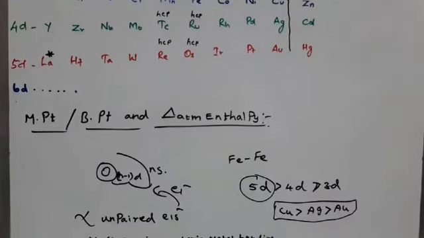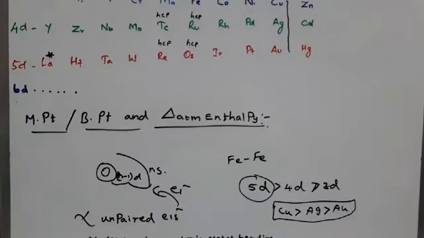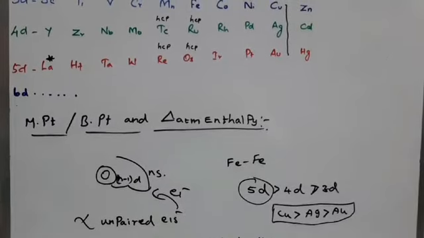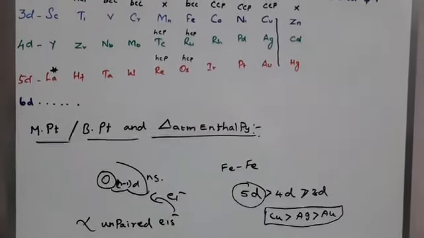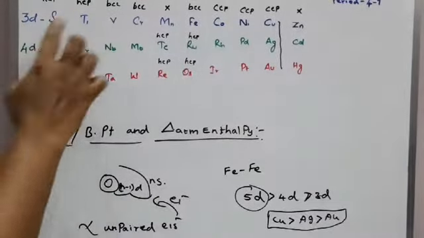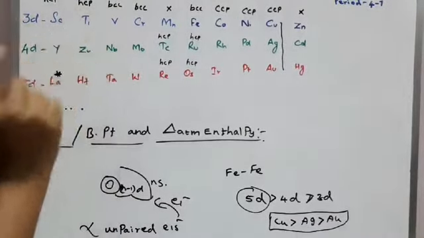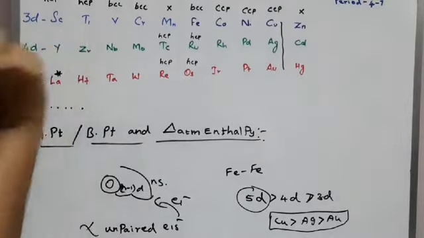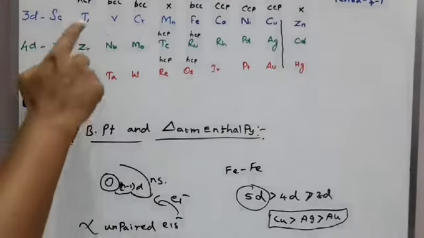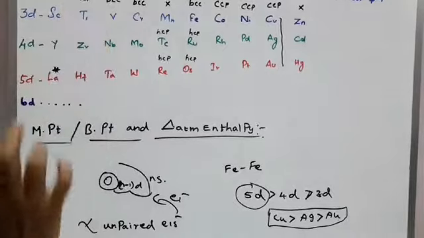Okay, after that, in your NCERT book concept, the tabular column gives the physical properties. Among the 3d series, the highest atomization of enthalpy is for vanadium, after that titanium. Keep that in your mind: vanadium and titanium.